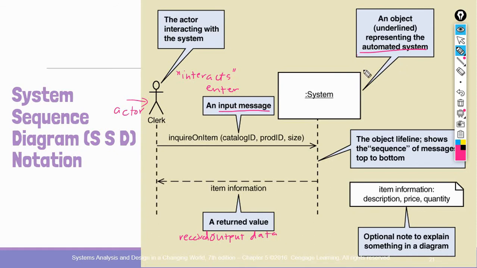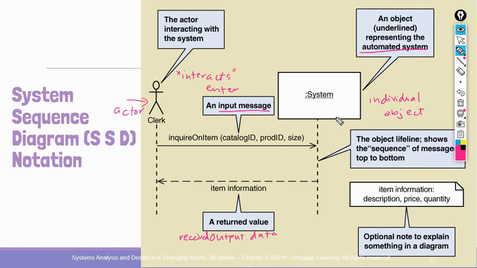In object notation, a box refers to an individual object, not the class of all similar objects. The notation is simply a rectangle with the name of the object underlined.